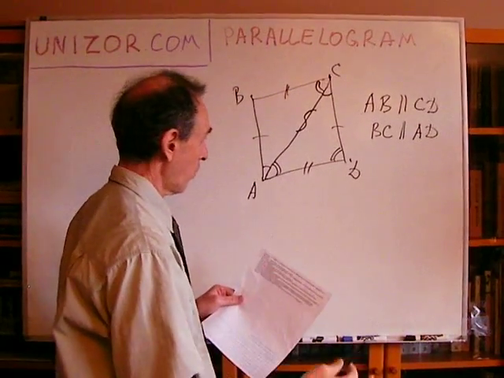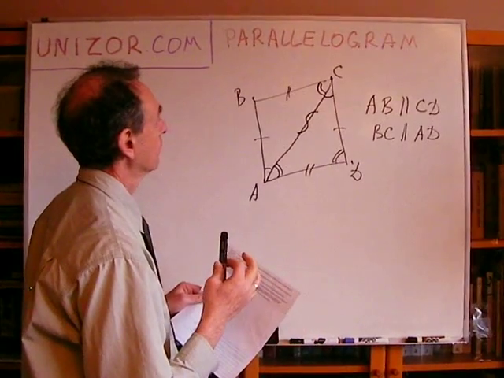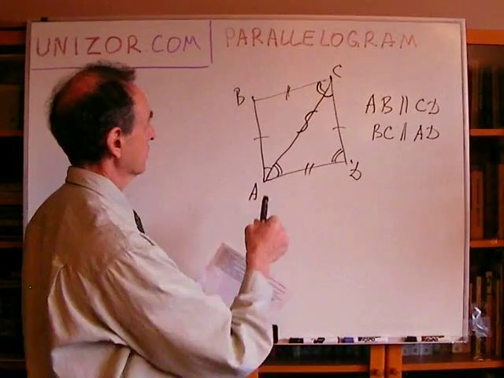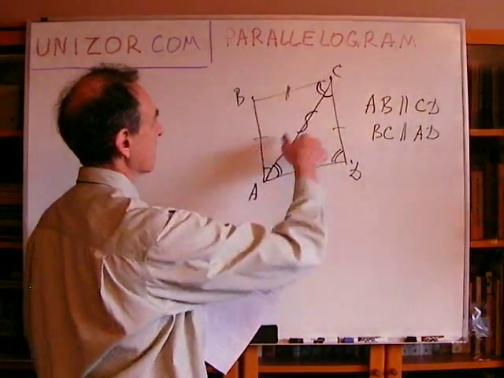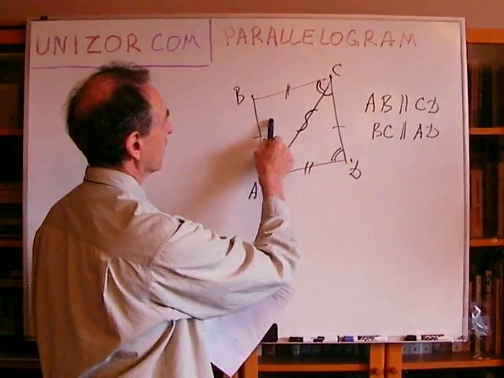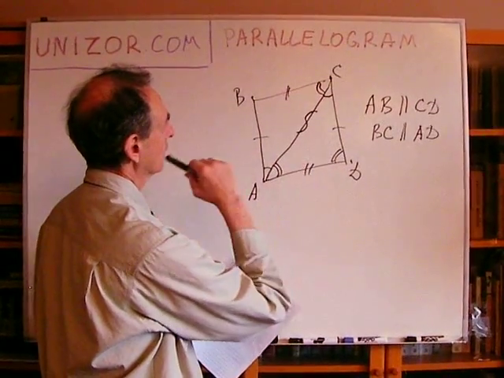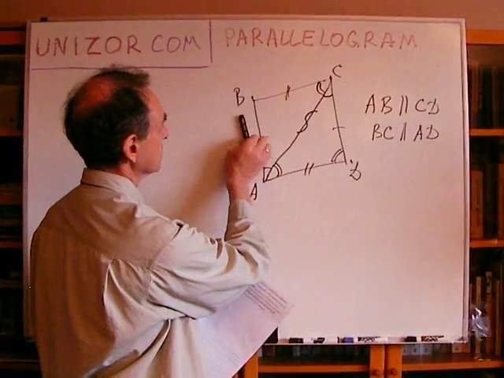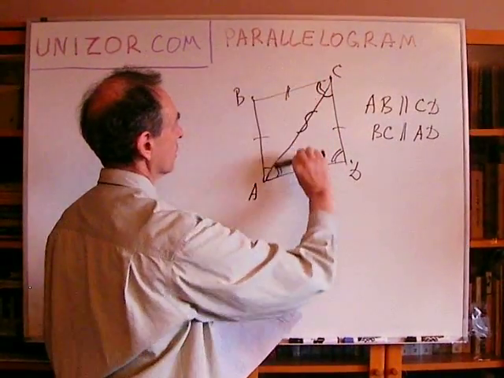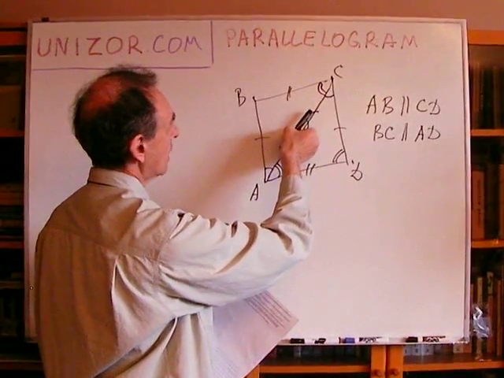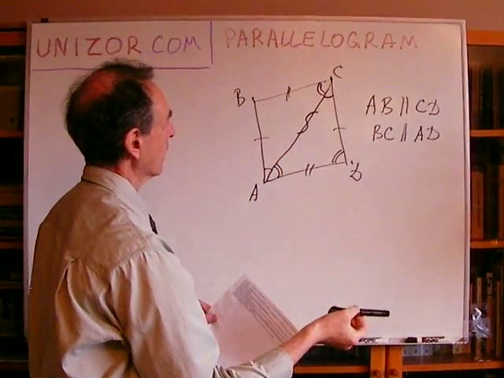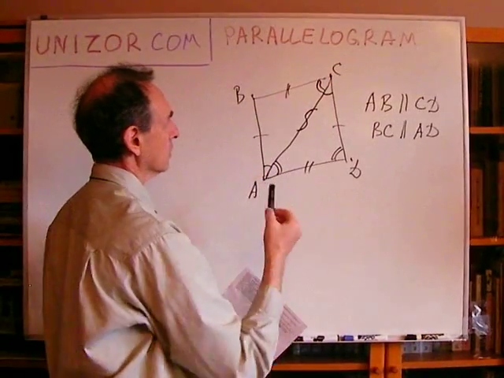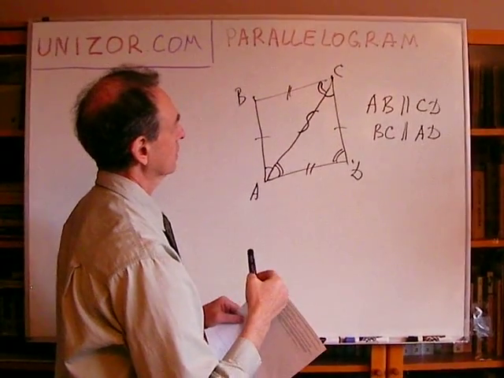Now, why? It's actually very simple, because if you consider the same triangles, they are congruent to each other by three sides. If this is congruent to this, and this is congruent to this, with this common, we have two congruent triangles, which means angles are congruent to each other.